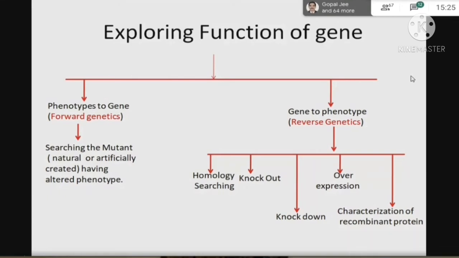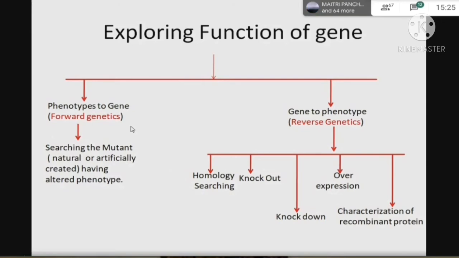For forward genetics as well as reverse genetics, we have to use recombinant DNA technology, or you can say gene manipulation technology. If you know the phenotype, we search for a mutant, natural or artificially created, with an altered phenotype. To find the gene responsible for that phenotype, we search for a mutant organism which doesn't have that phenotypic character.